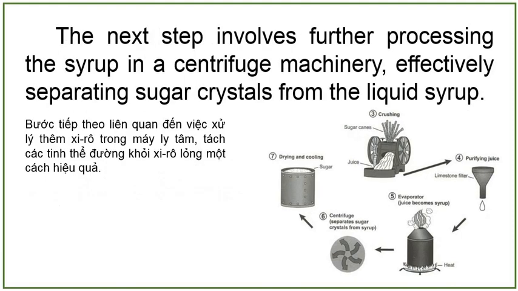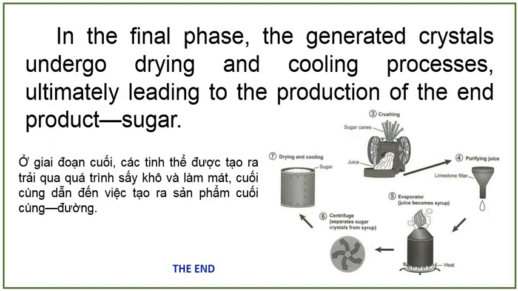The next step involves further processing the syrup in a centrifuge machinery, effectively separating sugar crystals from the liquid syrup. In the final phase, the generated crystals undergo drying and cooling processes, ultimately leading to the production of the end product, sugar.